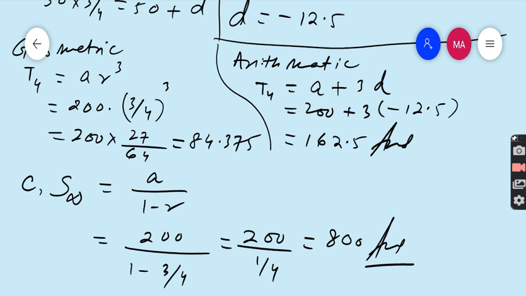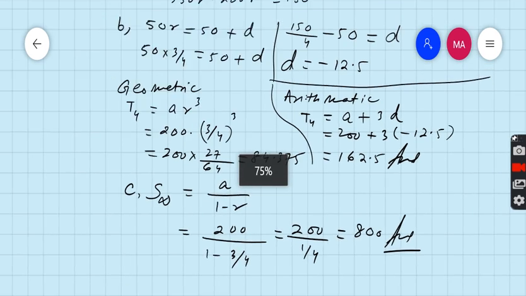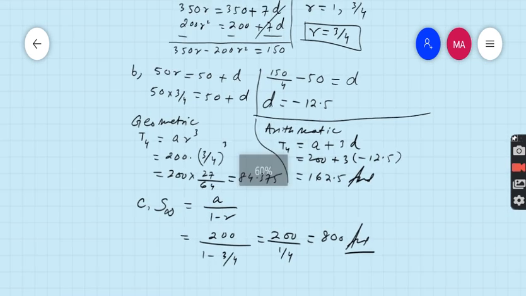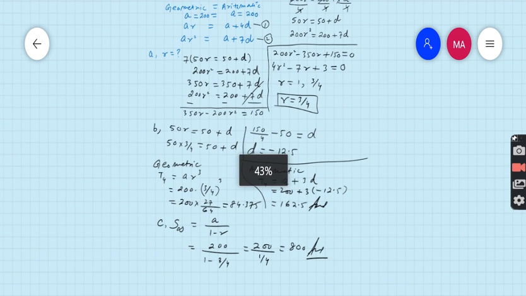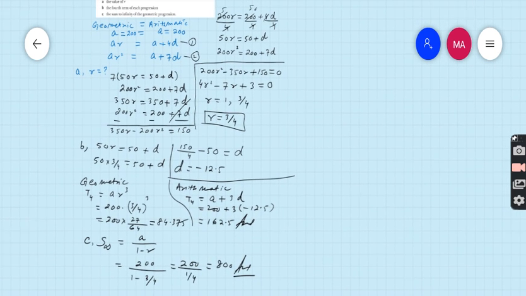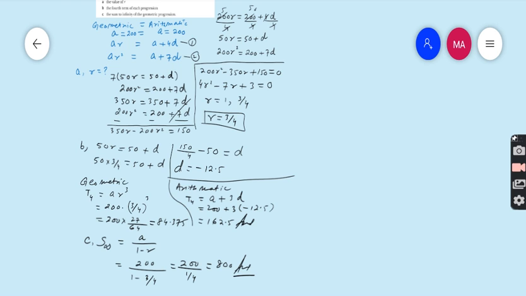Hope you understand the entire question, question number 5. Here we go. This is the overall summary of question number 5.